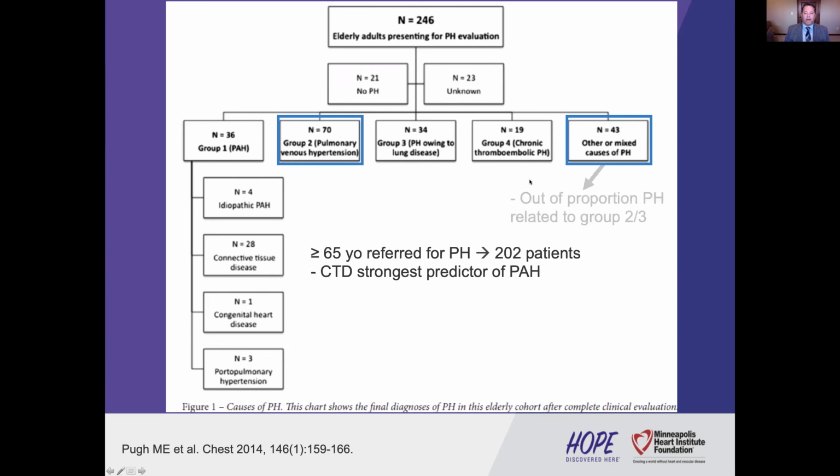And when they looked at this, out of proportion PH was typically related to group 2 or group 3 PH, either due to left-sided heart disease or to COPD.